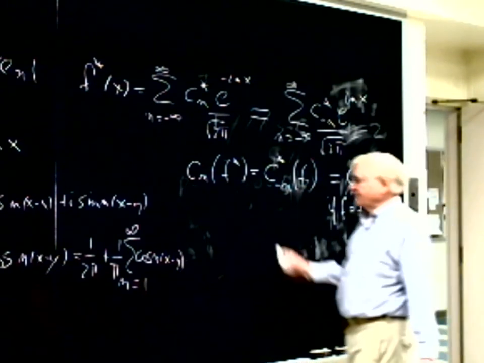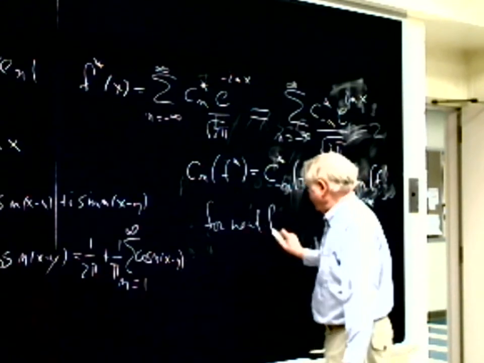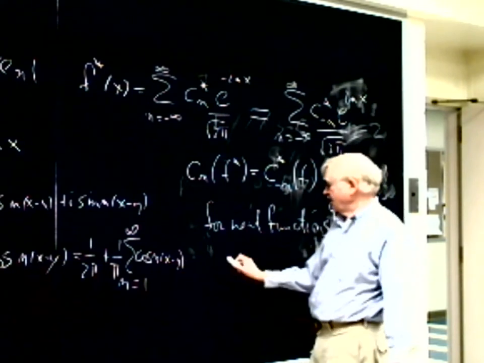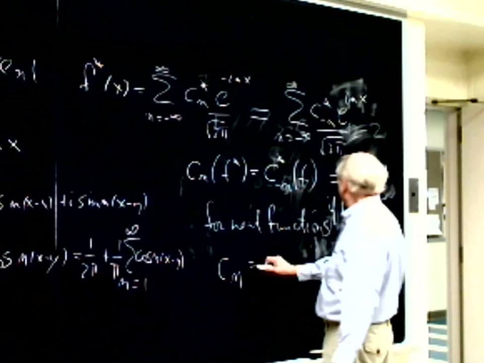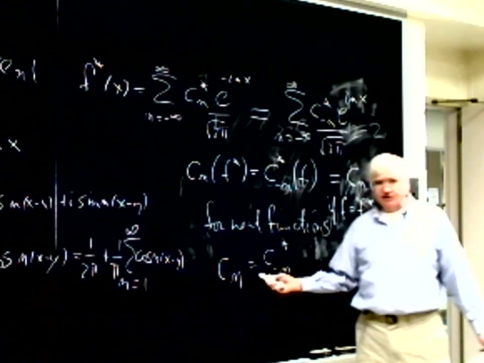That means then that for a real function, Cn is equal to C minus n star. So this is a condition for real functions.